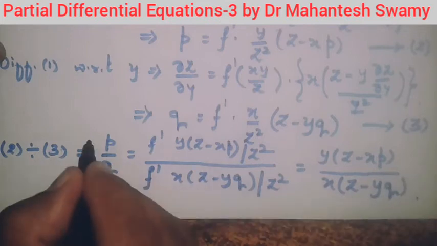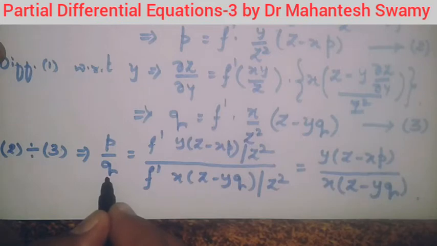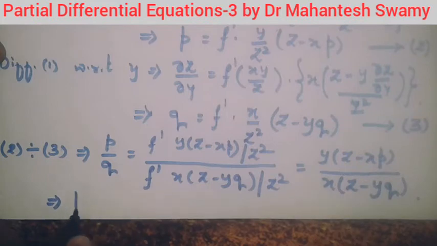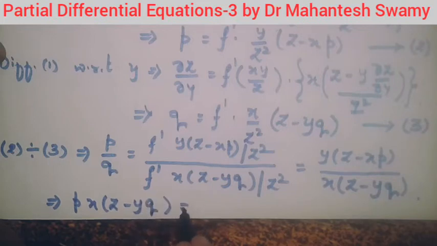So let us cross multiply. On LHS we are having p by q. If we cross multiply, this looks like p into x into bracket z minus yq equals to q into y into bracket z minus xp. Now it is very simple job.